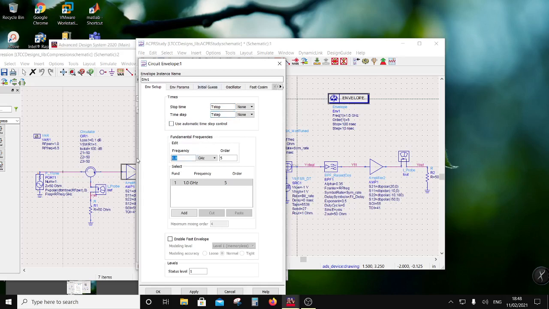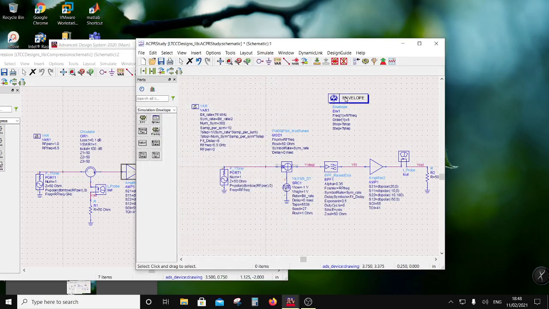And then the fundamental frequency here is RF FREQ, the carrier frequency, and apply. That's it. Say okay. So we are all set with this envelope simulation. Now I just have to hit simulate. I don't have to do anything else unless the equations are wrong.